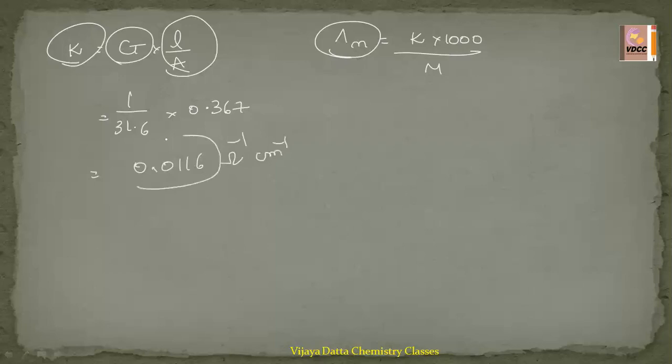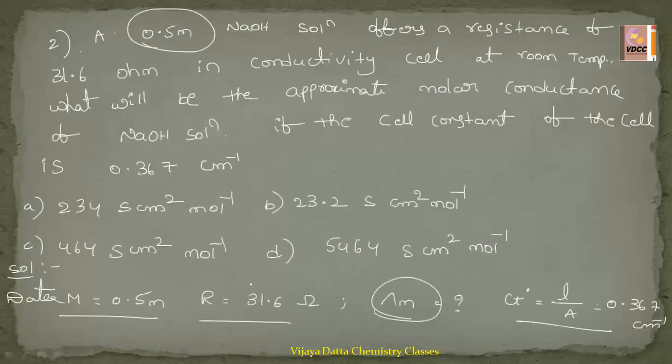Now this value you have to substitute here. So cap M equals kappa value 0.0116 into 1000 by molarity, which is already given in the data: 0.5 molar.